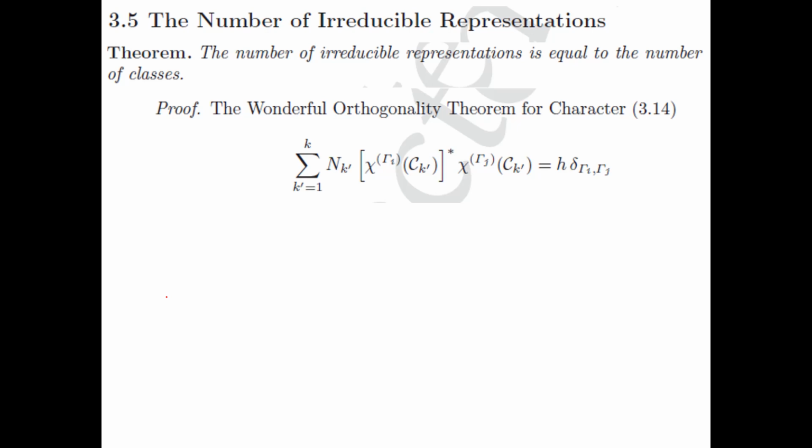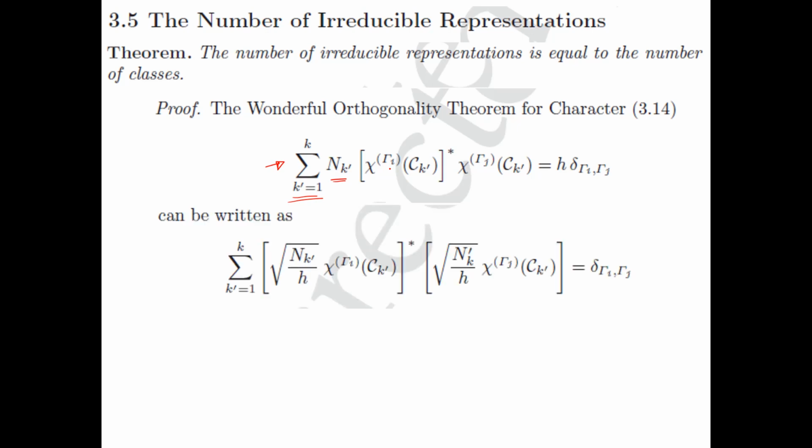Again, this is the wonderful orthogonality theorem for characters. So this is the sum over all classes, the number of elements in each class, and the characters for different classes and different irreducible representations.